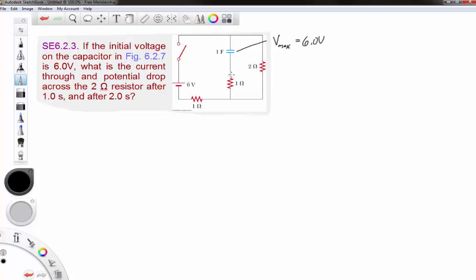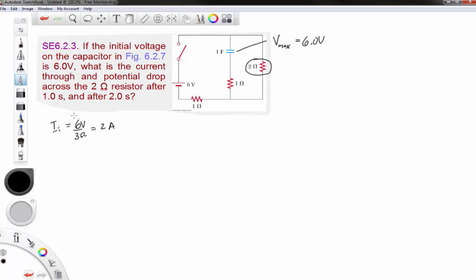Again, it's discharging, and what we want is the current through and the potential drop across this resistor after both 1 second and 2 seconds. So again, we've already found that the initial current would be 6 volts over 3 ohms, or 2 amps, at time 0.